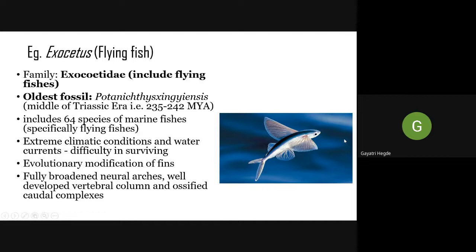And why did this modification happen? Because of the extreme climatic conditions, it was severely difficult for these fishes to survive. Shall I move ahead? Yes, children, I need an answer. Do you have any doubts regarding this?